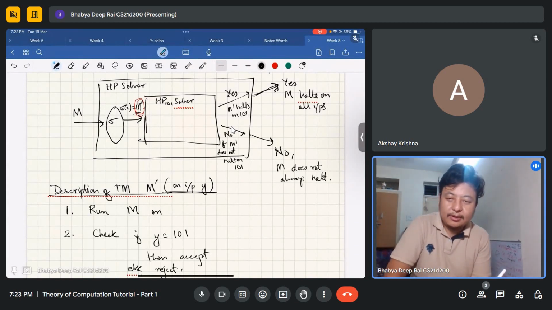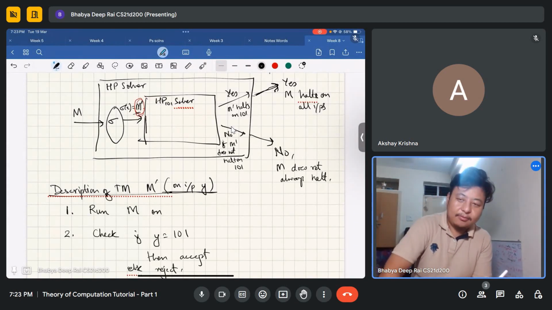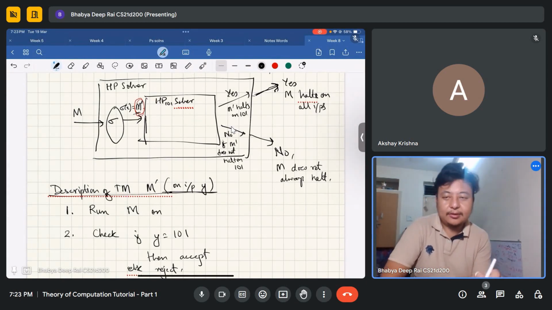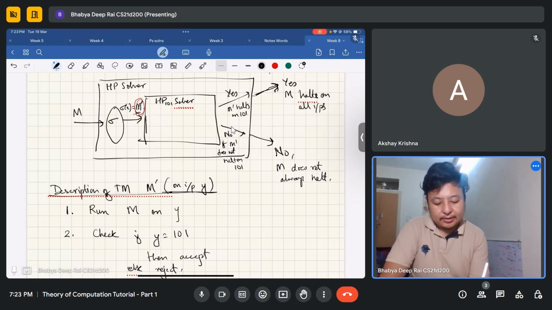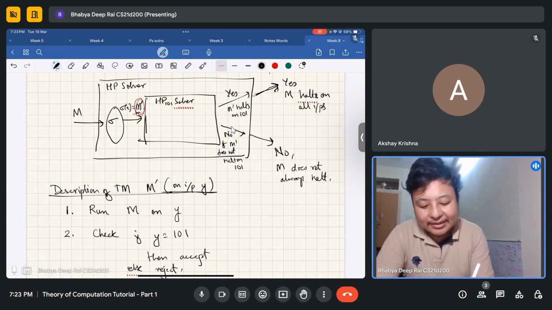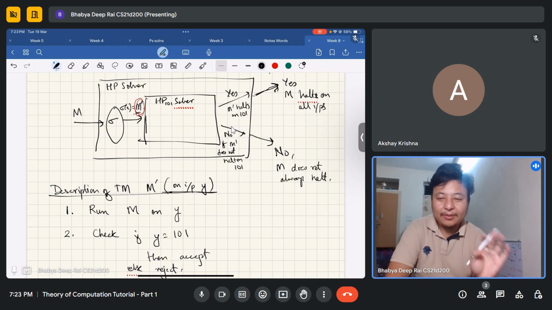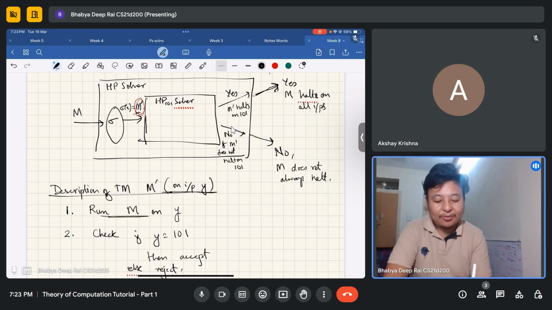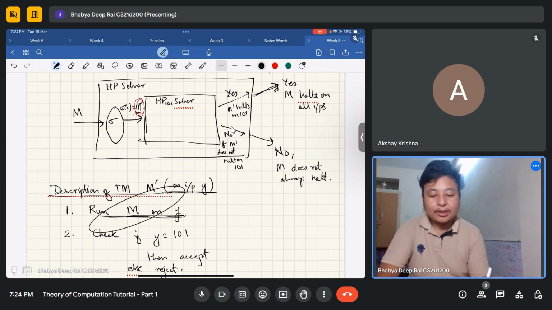We don't actually run it; this is just a description of M prime. M prime runs M only if M halts.